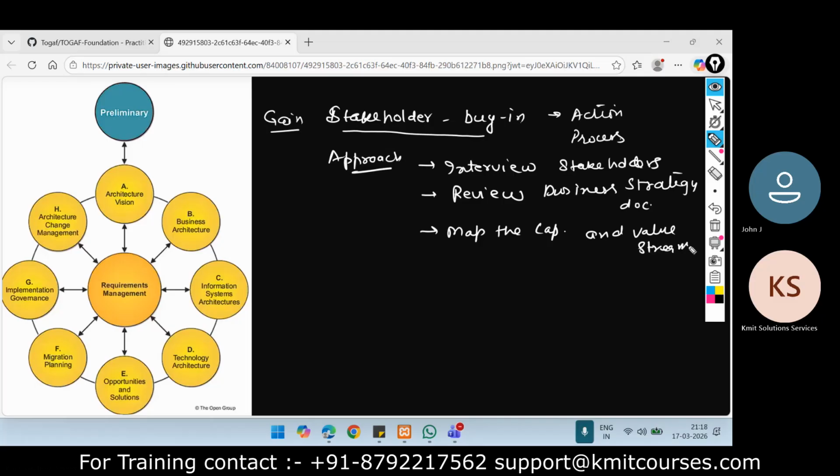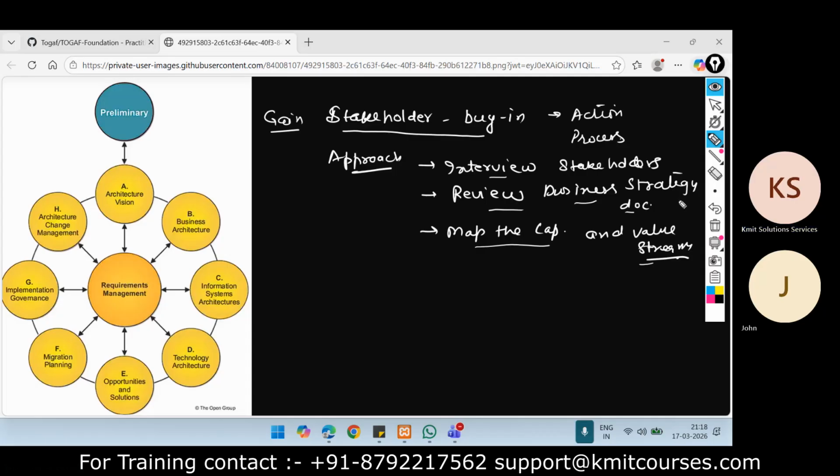Those are the actions you need to take. You need to identify the core business processes, their key objectives, and gain the stakeholder buy-in. For the approach, you need to interview the stakeholders, review the business strategy documents, and map the capability with the business value stream.